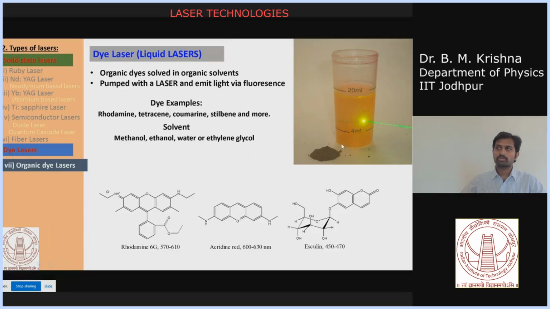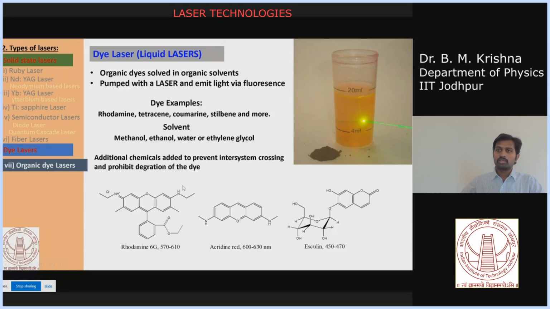Now there is an acridine red dye, which can emit from 600 to 630 nanometers. These are different dye molecules, as you can see here, and how they are bonded to each other with their atomic elements.